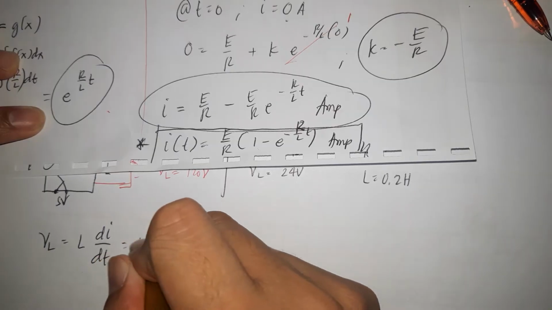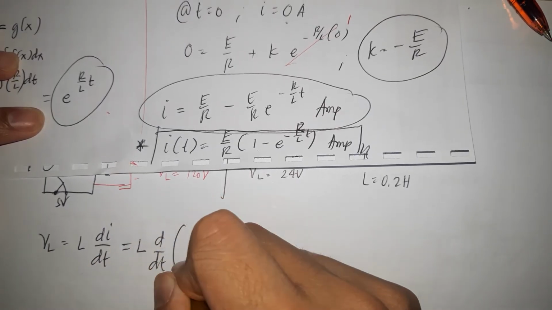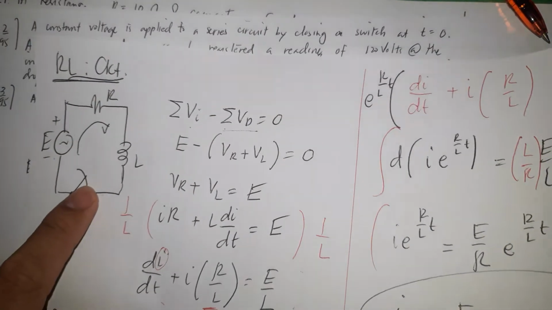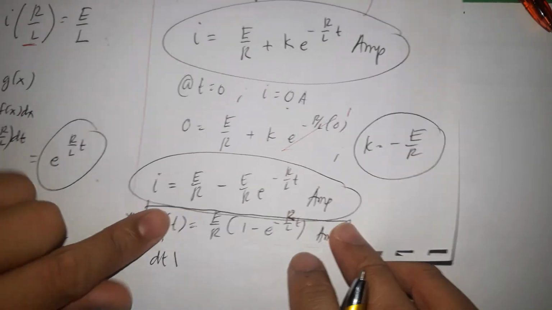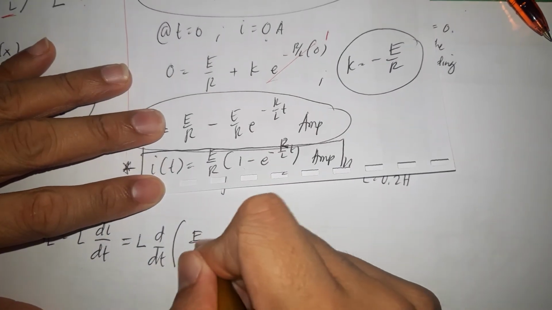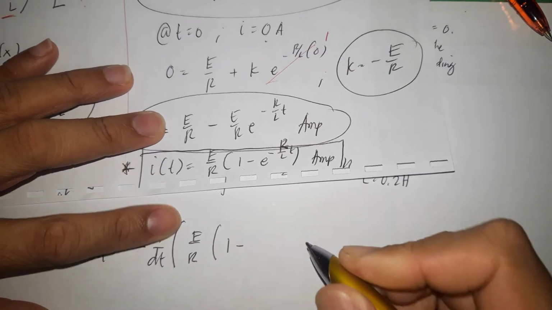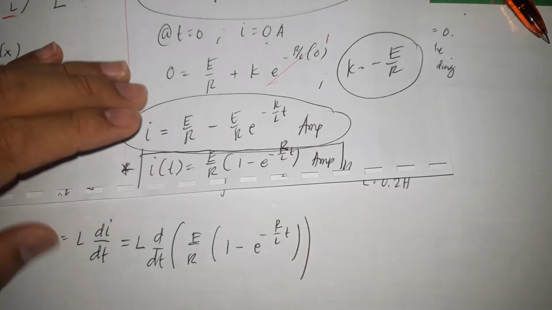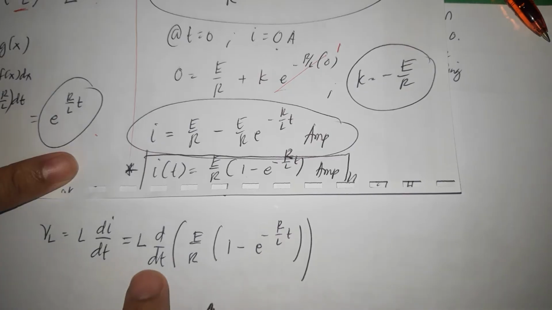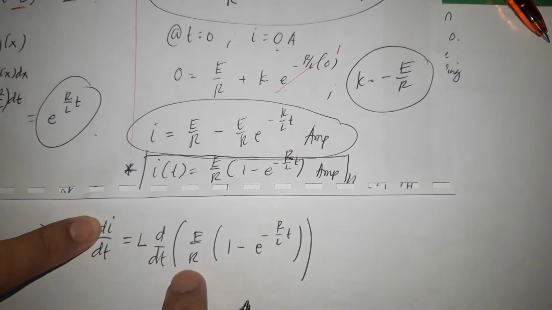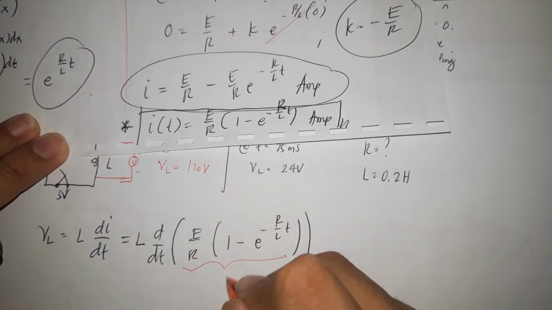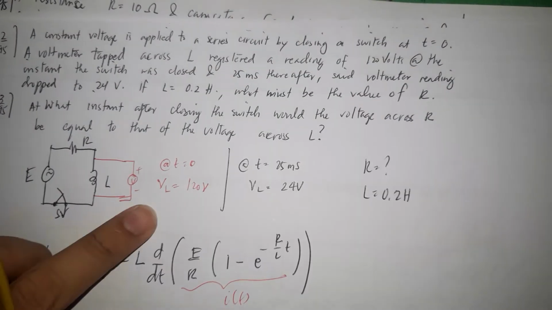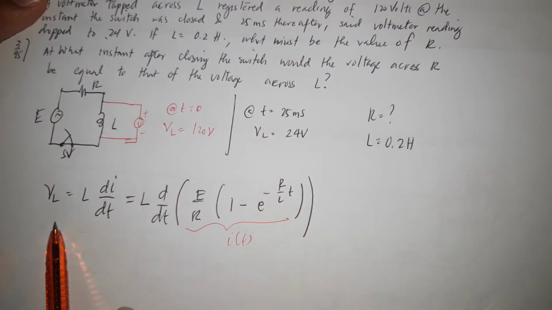So this is equal to L times the derivative with respect to t of the expression for I for any RL circuit in series: E over R times the quantity 1 minus e to the negative R over L t. Since the given here is the voltage across the inductor, we need to get the voltage across the inductor.